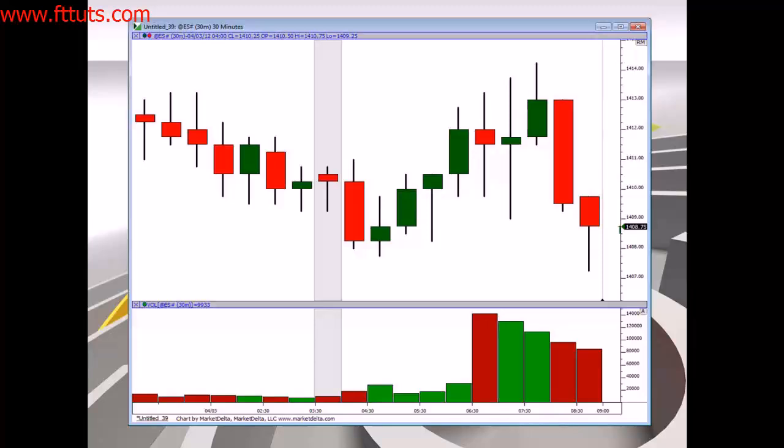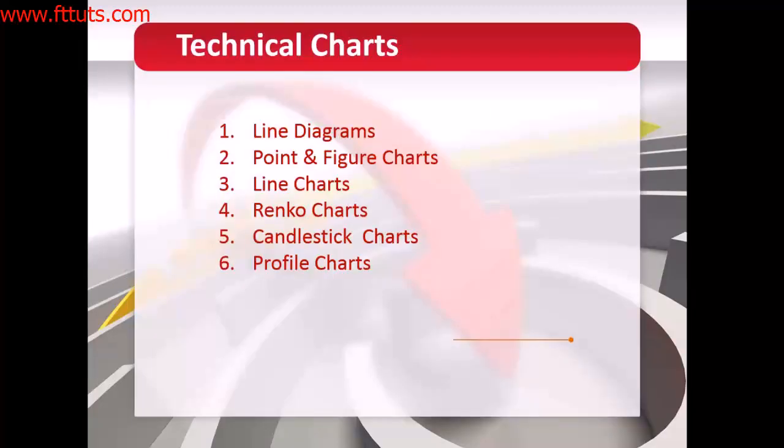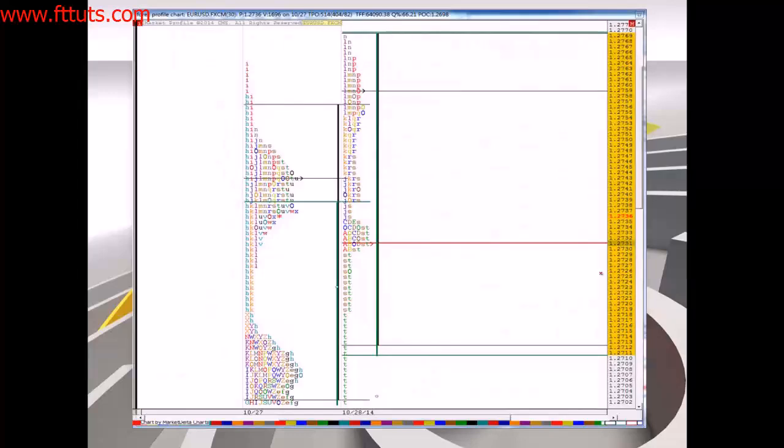So far, we've talked about a lot of different charts, and we haven't talked about our profile. So really, it is time for us to introduce the profile and begin to talk about this wonderful new type of charting technique, or this nice charting tool. Now, here's an example of a profile.